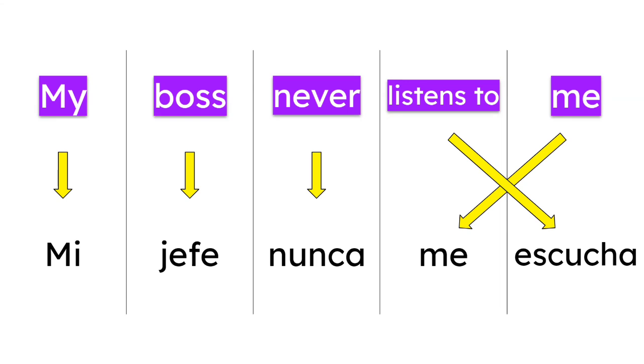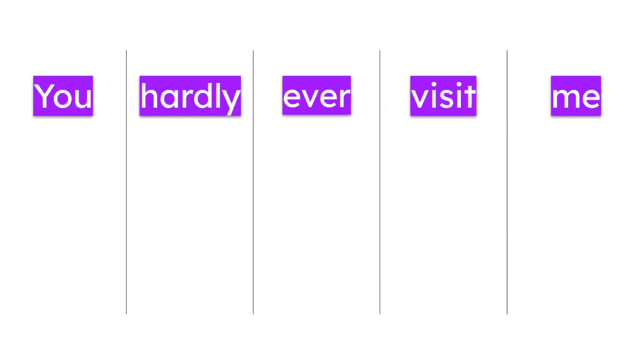Okay, let's do the next one. You hardly ever visit me. You hardly ever visit me. Again, we don't have don't or doesn't here, but since we have hardly ever, this is considered a negative statement. So you is tú, that's right, and hardly ever.